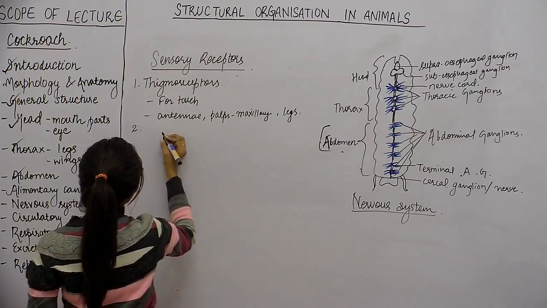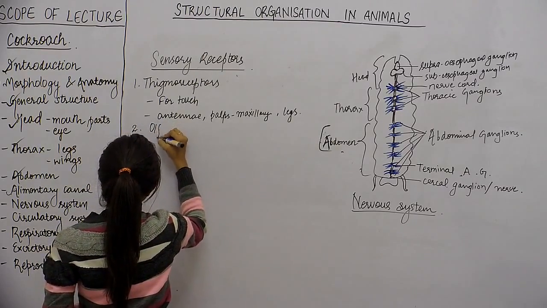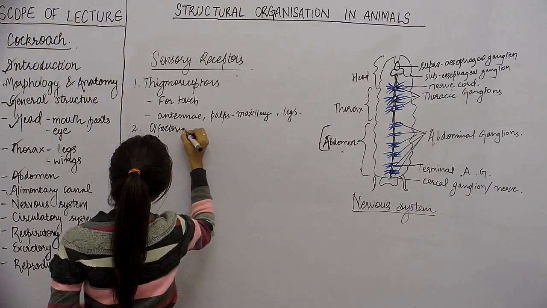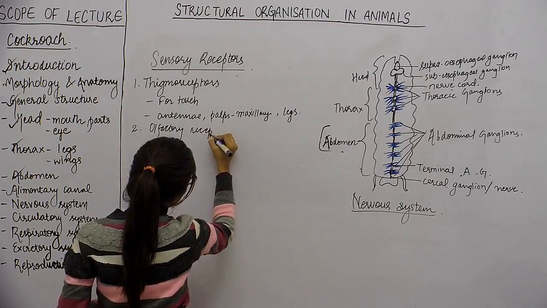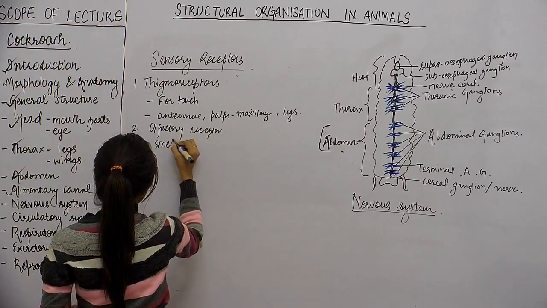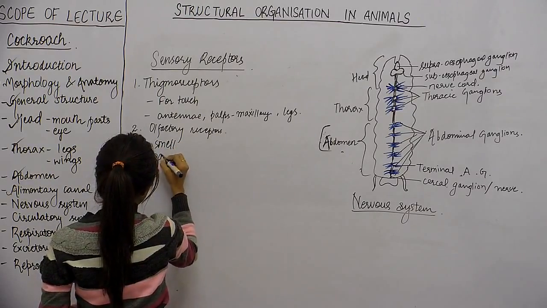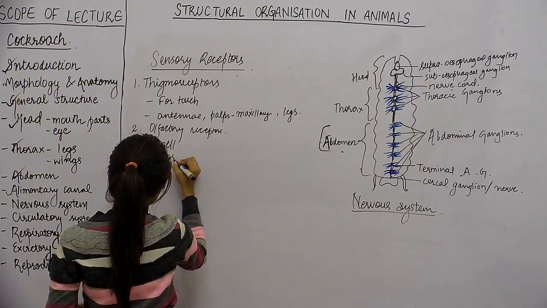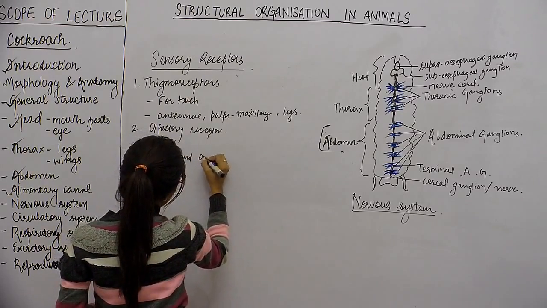Next is the olfactory receptors. Olfactory receptors are for smell and they are present on palps and the antennae.